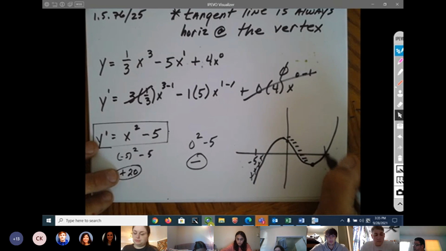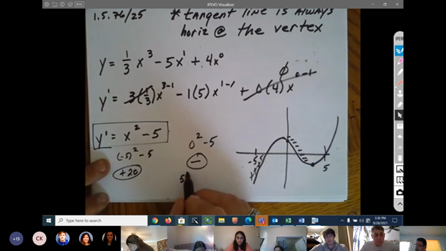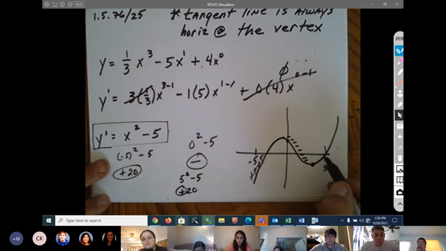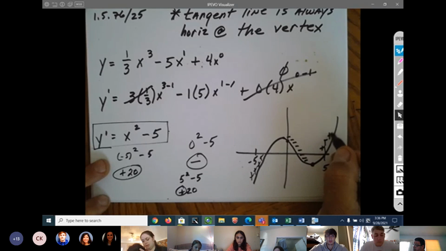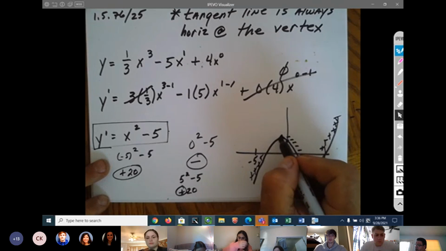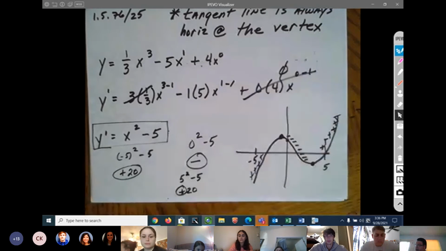And let's say this is 5 out here. 5 squared minus 5 is positive 20. What does that positive mean? At 5, I'm increasing. So I know I have a vertex here, and I have a vertex here. Is everybody with me?